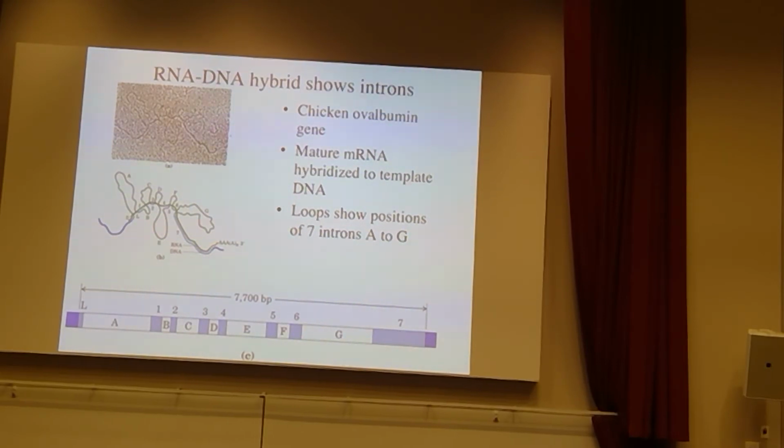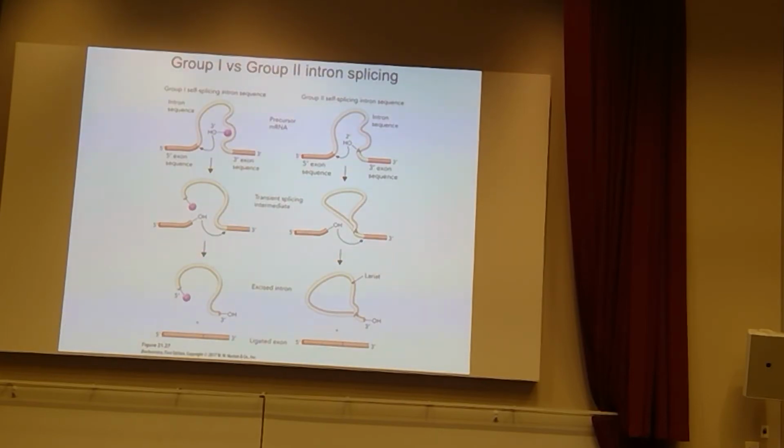And so you can see that in this case, this electron photomicrograph has got all these loops associated with it that correspond to these intervening regions. So even in this really typical gene of albumin, you can see that there are 7 introns within this thing that need to be removed.